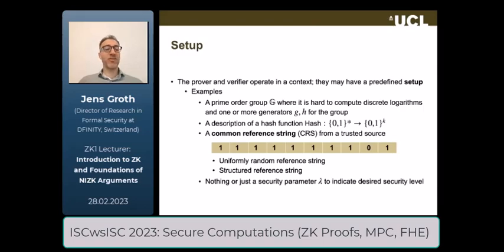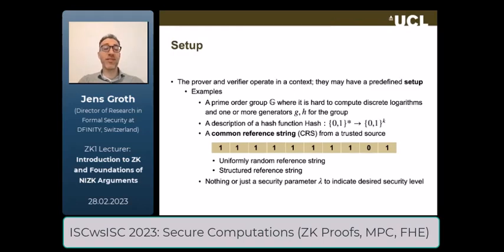Sometimes we imagine it's a structured reference string, so it's selected according to some specific distribution. And if it's selected according to some specific distribution, again, it may be that you can verify it has this distribution, or maybe you cannot verify that it has this distribution.